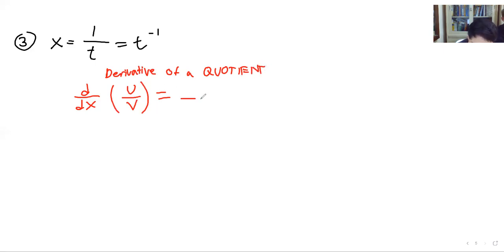So this is a little more complicated, but hopefully you can still understand. I'll just write this and then I'll explain what this all means. Apparently, this one is the square of the denominator, v squared.